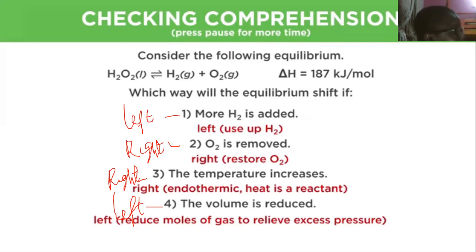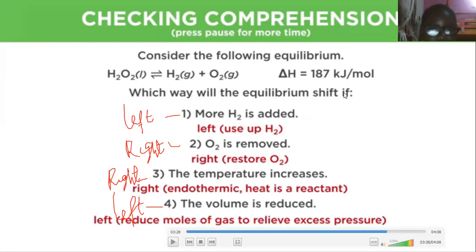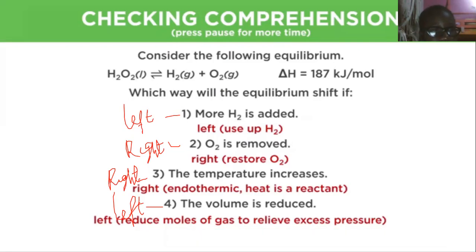We know definitely that this is an endothermic reaction because it's 187. So now we're saying when the temperature is increased, that means we are increasing the temperature. And remember that the left reaction is actually the exothermic reaction. So increasing the temperature, that means we are having more heat being involved.